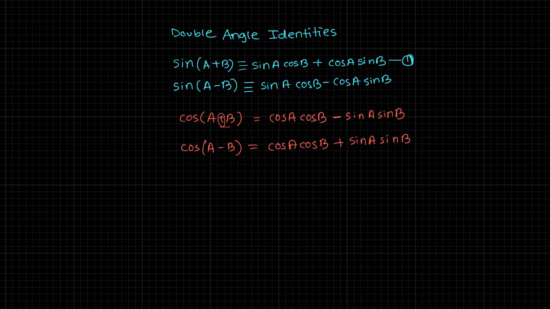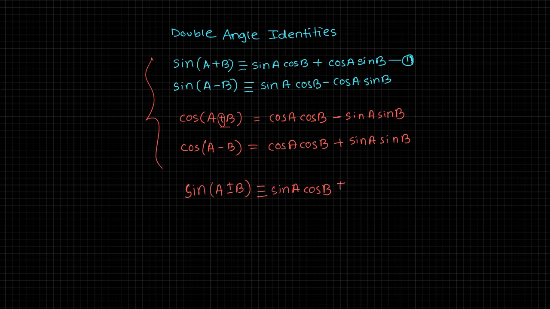So if we write cos A minus B, then it will be cos A cos B plus sine A sine B. So to sum this up, you could have written this in one line as sine A plus minus B would be identical to sine A cos B plus minus cos A sine B. So it's basically saying that if you have a plus over here, then this would also be plus, and if you have a minus, then it would be minus.